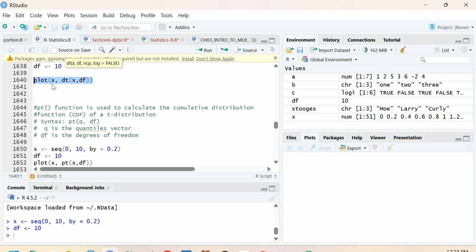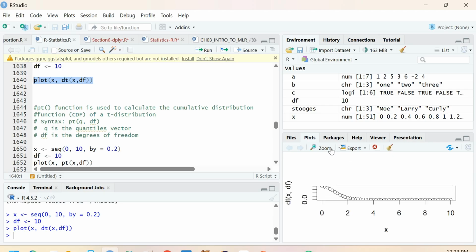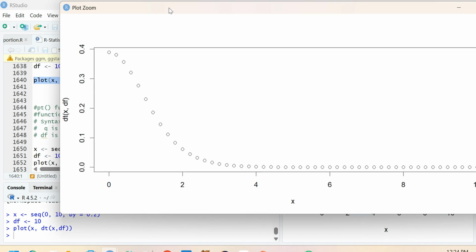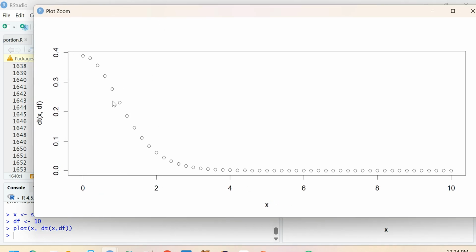And we plot the x values on the x axis and the probability density on the y axis. So this is this t-distribution's probability density curve. Under this curve, the area will be 1. For example, for t-value 1, the probability density is about 0.25.